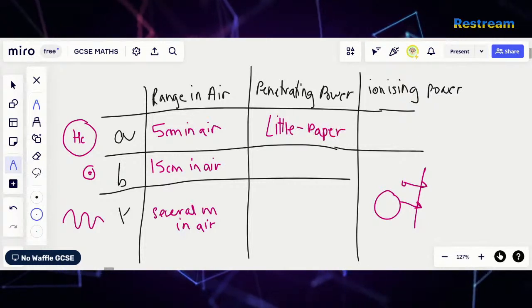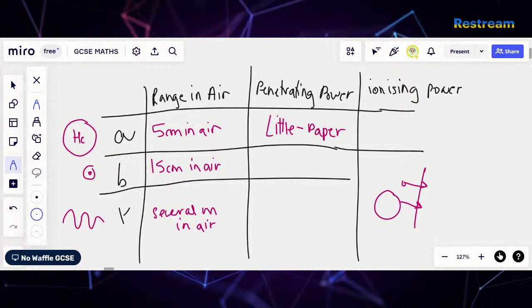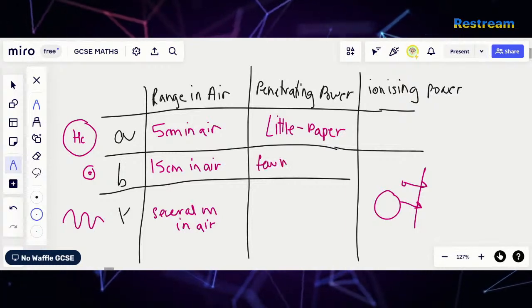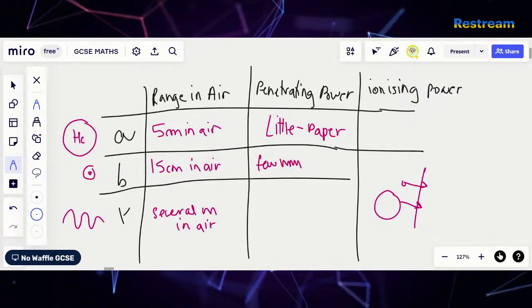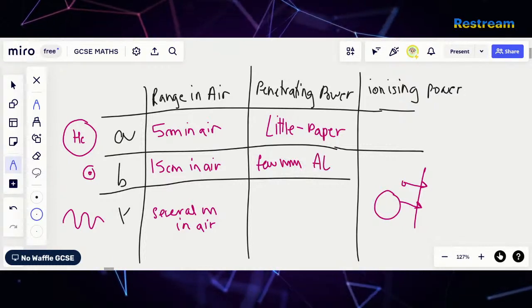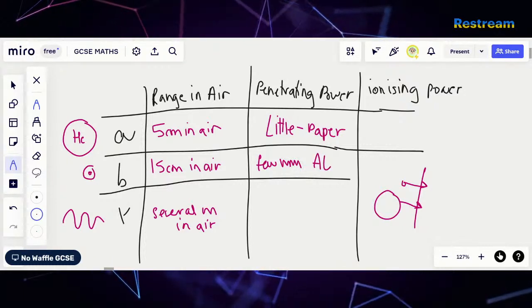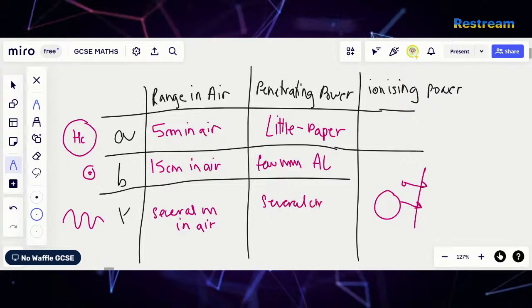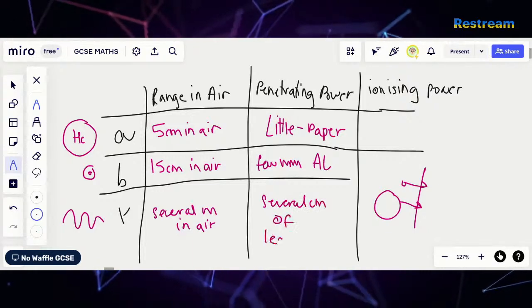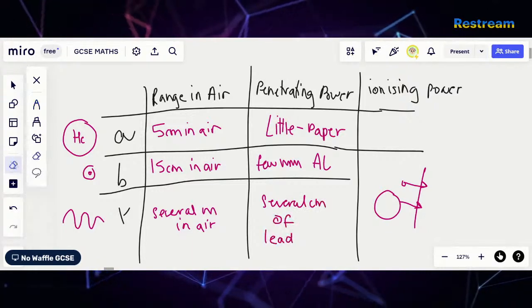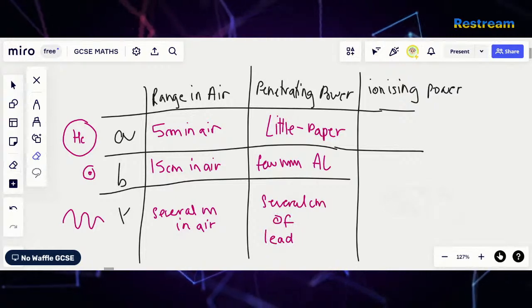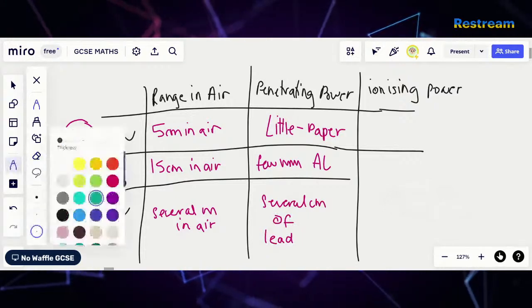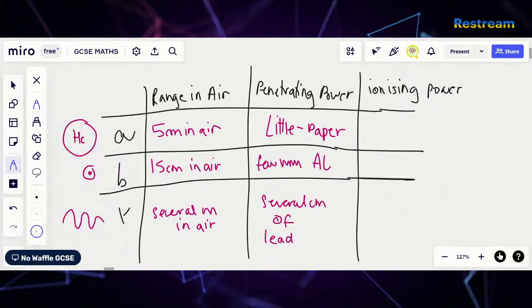Beta radiation can travel through a few millimeters of aluminium, so metal. And gamma radiation can travel through several centimeters of lead. Lead is the thing that tends to stop most radiation, which is why people wear lead gloves and lead aprons when they're handling radiation.